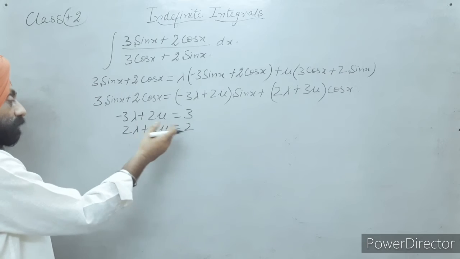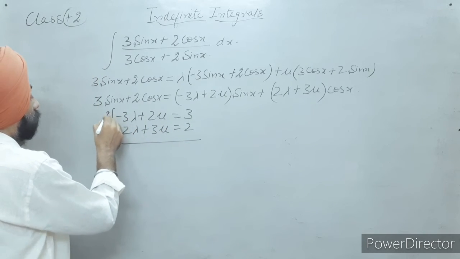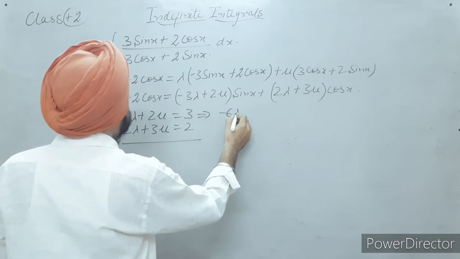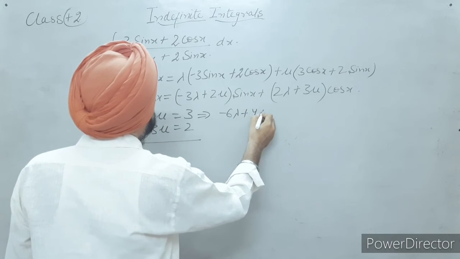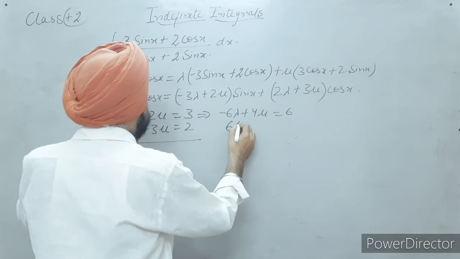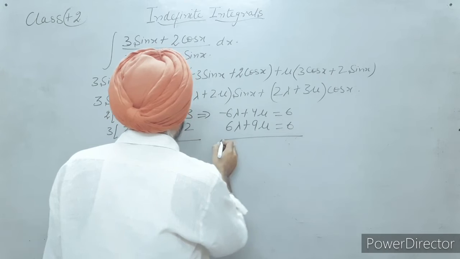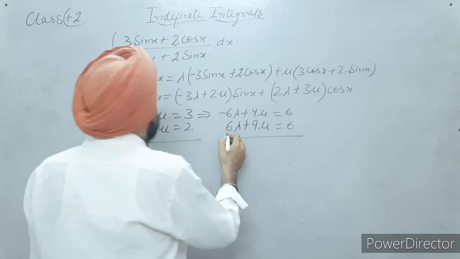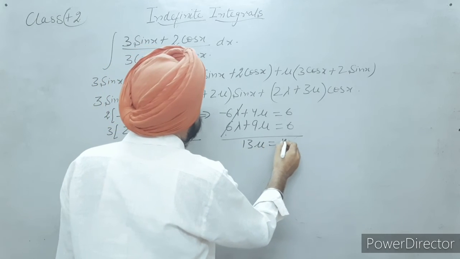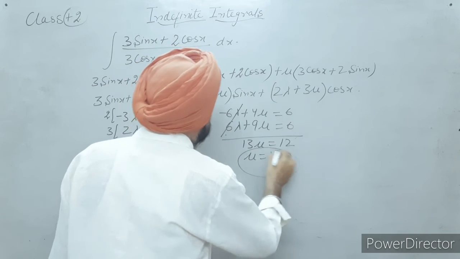Now I have to use the elimination method. Let the first be multiplied with 2 and the second with 3. I get minus 6 lambda plus 4 mu equals 6, and 6 lambda plus 9 mu equals 6. Adding, 13 mu equals 12, so mu is equal to 12 by 13.